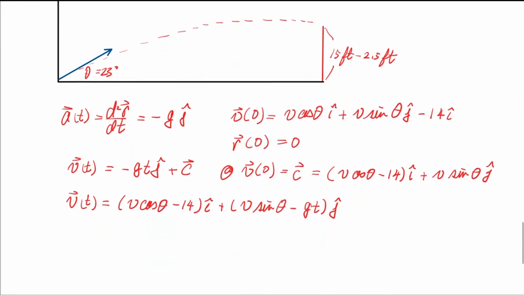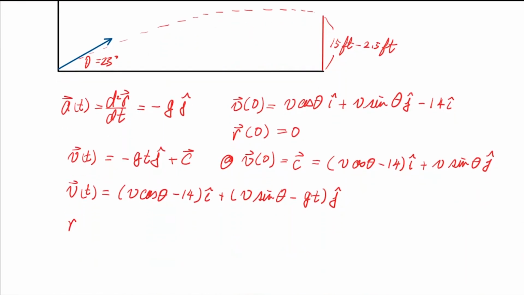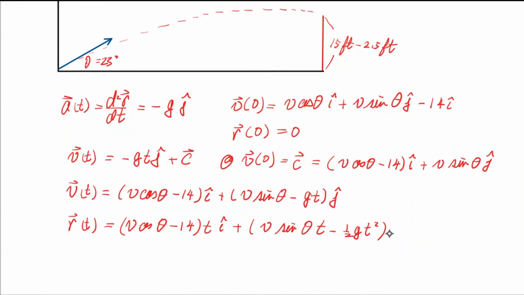Okay, then take another antiderivative, so we get r here. And this thingy becomes V cosine theta minus 14 times t. They are all constant. i vector plus this one, V sine theta t here, and then minus g t squared, therefore 1/2. So far so good.